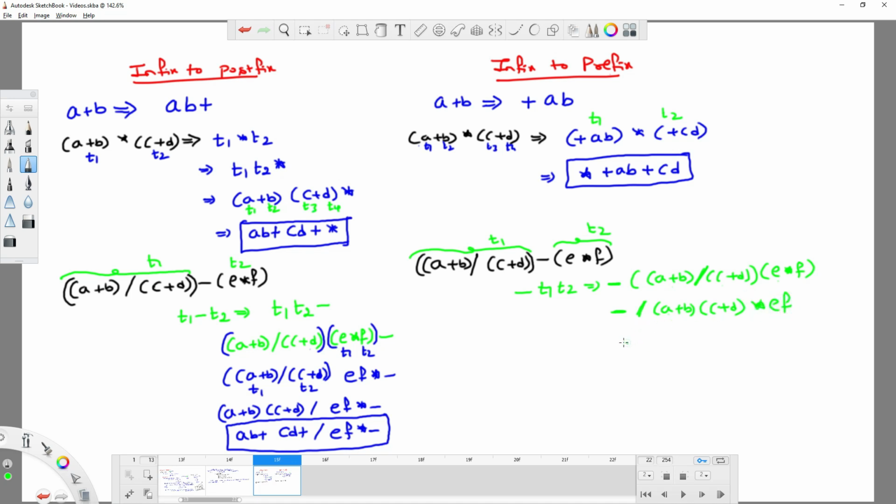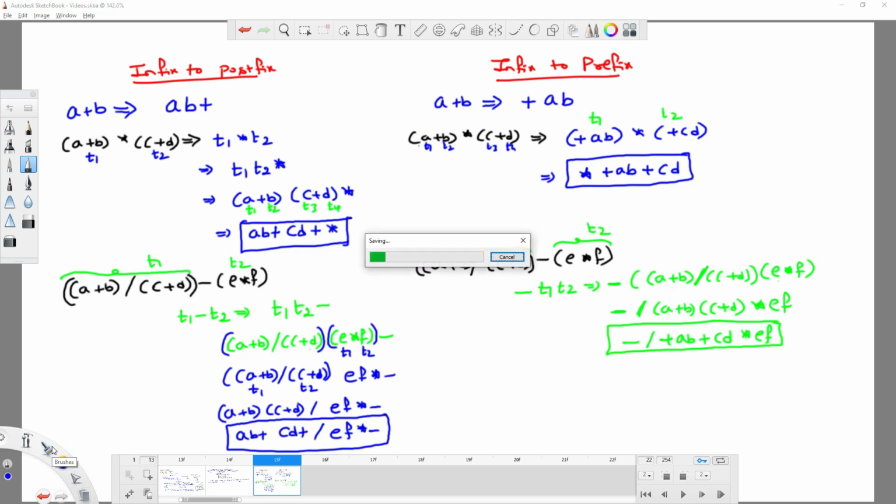Again I write: minus division plus a b plus c d star e f. This is the corresponding prefix notation for the given infix notation, guys. This is how you can convert infix notation into the respective notations.